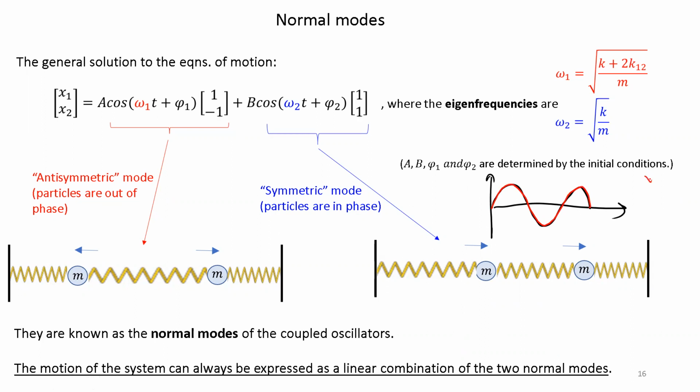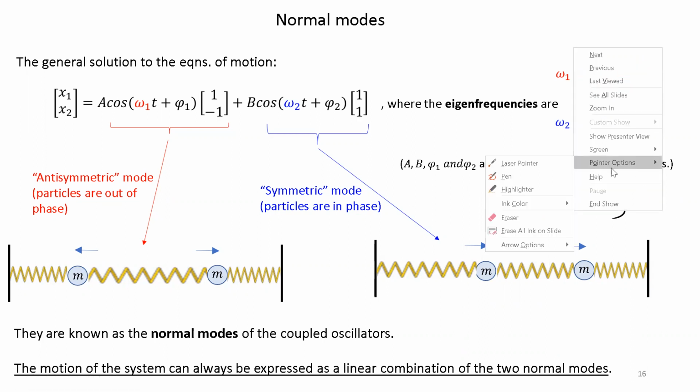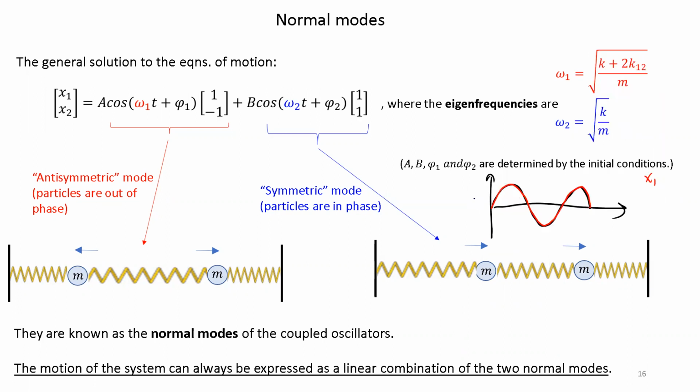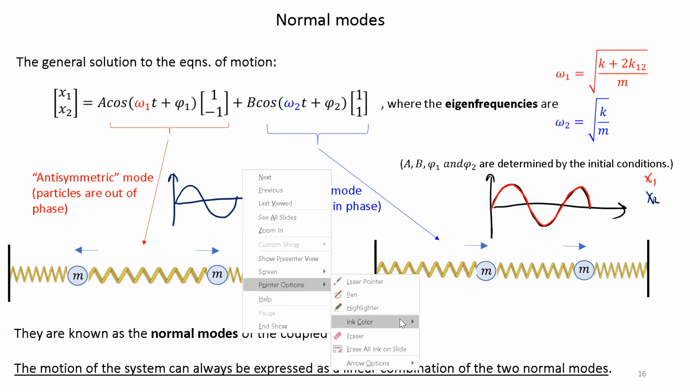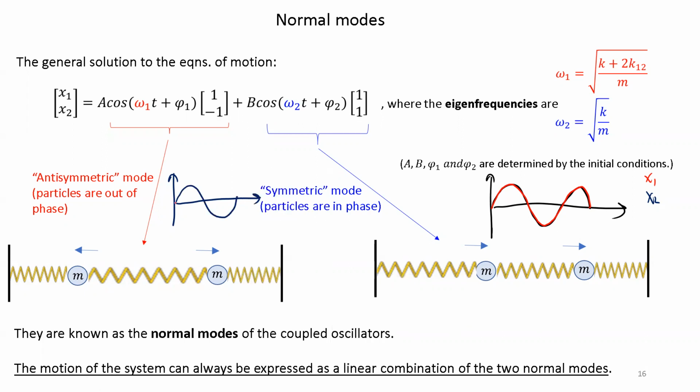So you should get a curve that looks like this, if I have this x1 and this x2. On the other hand, if you have this anti-symmetric mode and you plot the displacement of the two particles, you should get something like this. If one looks like this, then the other looks like this.